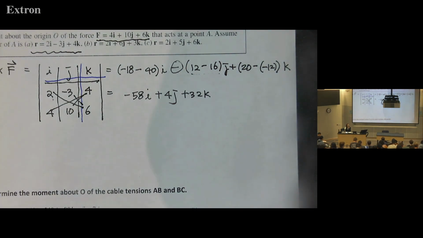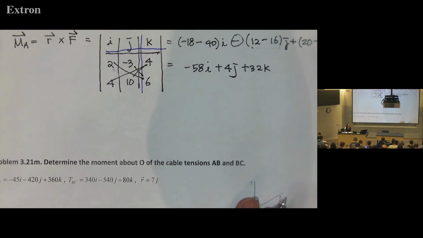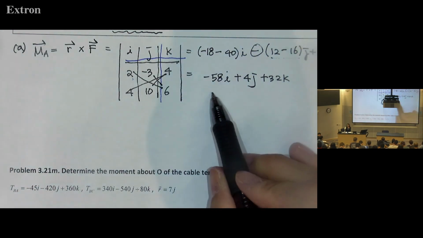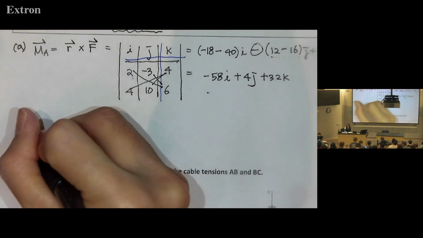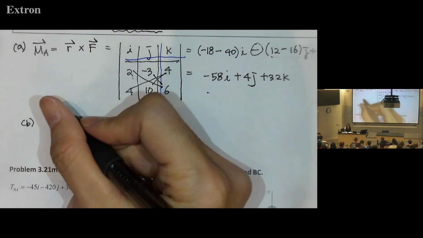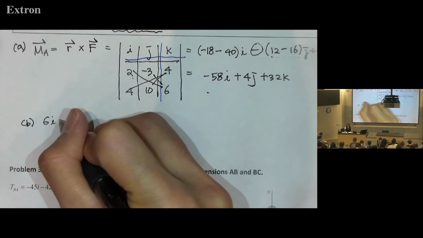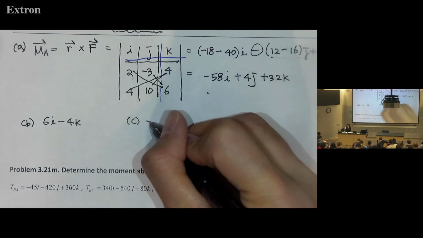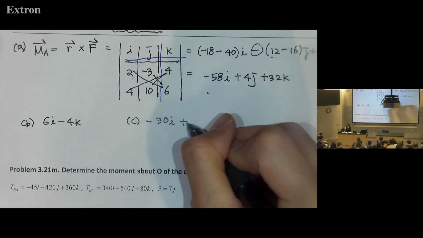Okay, so this is the determinant method. Any questions? Okay, so this is A. Answer is this. So I'll give you answer for B and C. So B, 6i minus 4k. For C, minus 30i plus 12j.